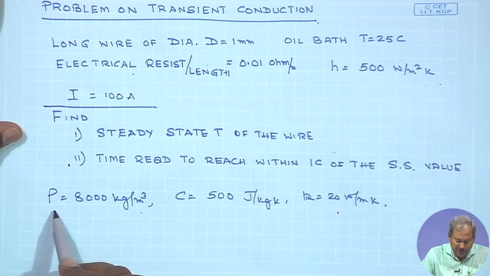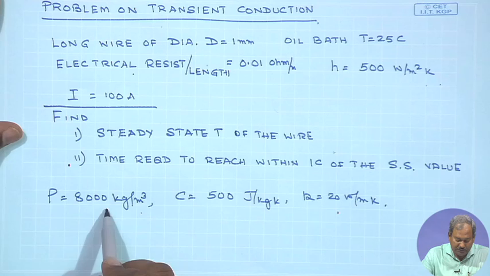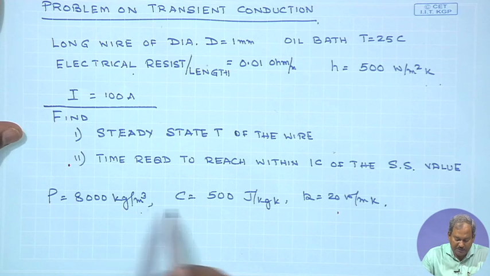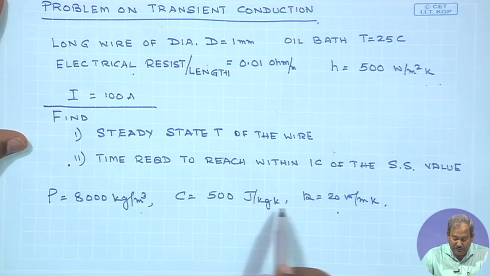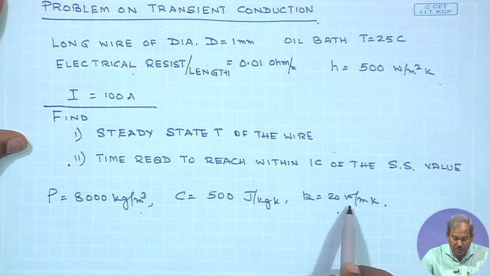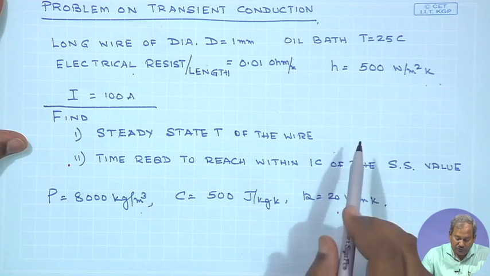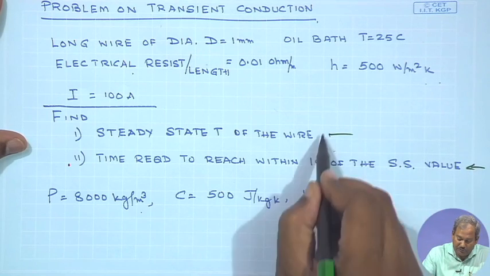The density of the material of construction of the wire is 8000 kg per meter cube. The heat capacity is 500 joule per kg Kelvin, and the thermal conductivity of the solid material is 20 watt per meter per Kelvin. So, these are the two things which we have to find out.